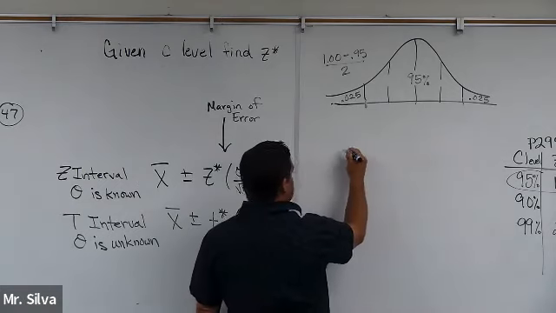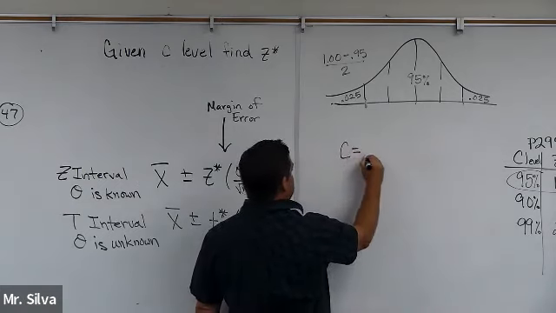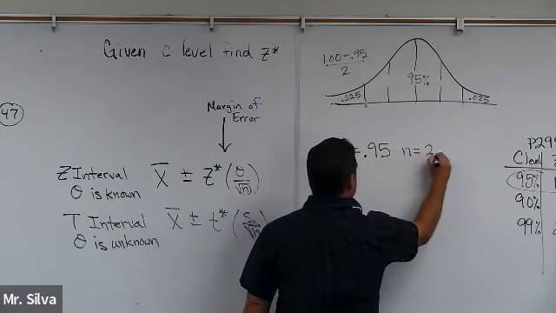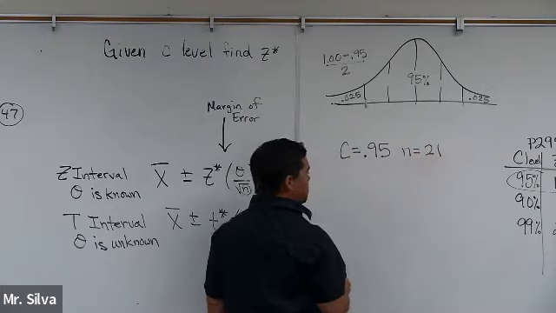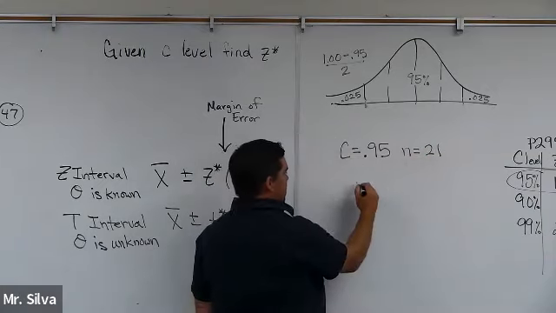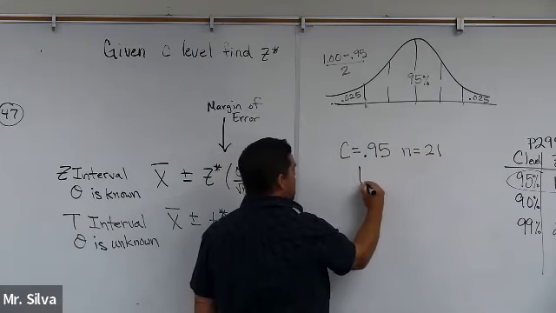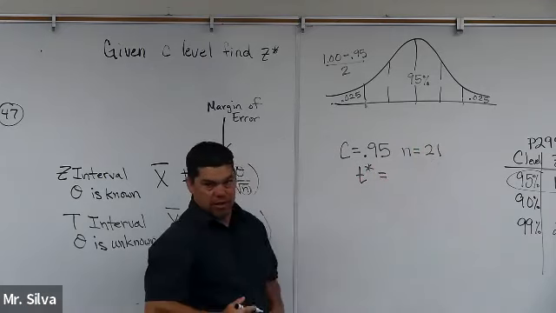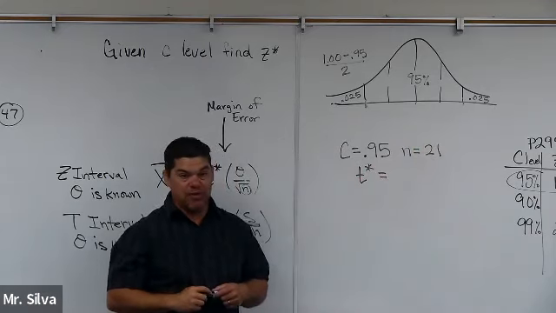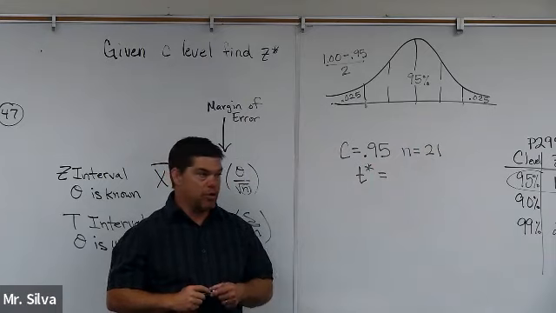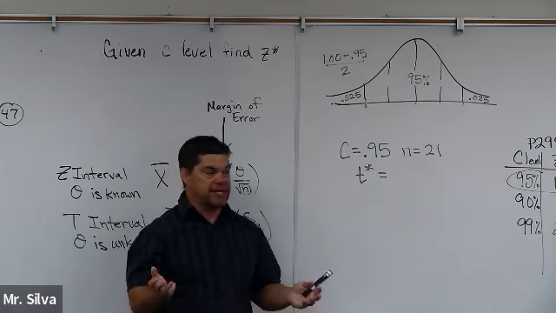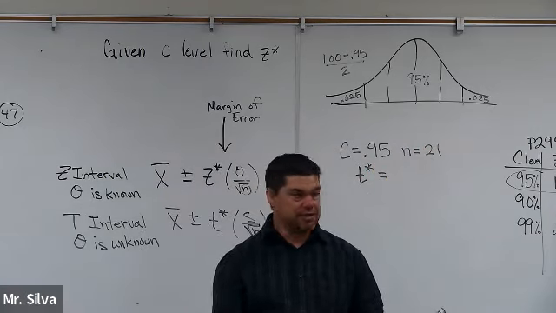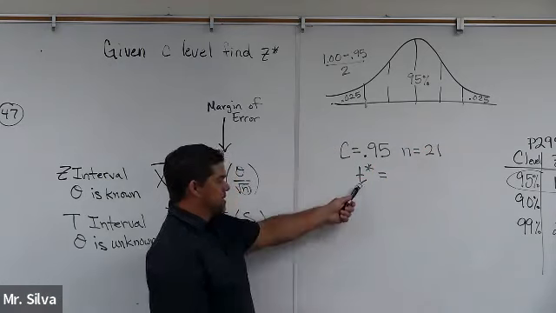All right, so if I say our confidence level is 0.95 and our sample size is 21, what is my Z, which we did before, but now we're going to say, what is my T? In order to get T, we have to use the T table, or we can do inverse T. Not everybody's calculator has inverse T. It's like inverse norm, but inverse T will give us this T critical value.